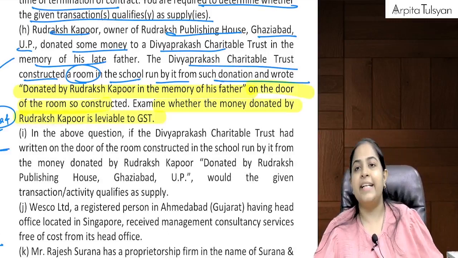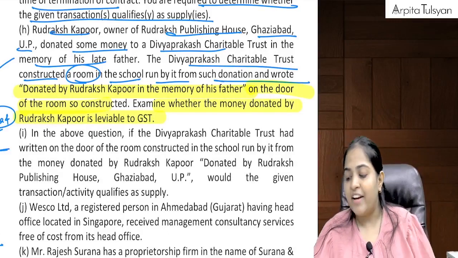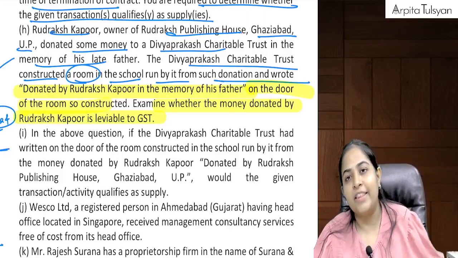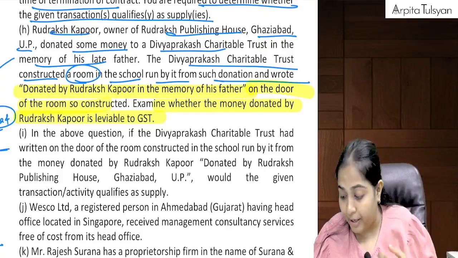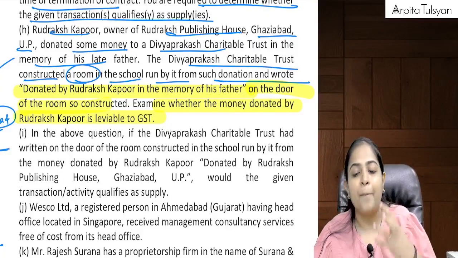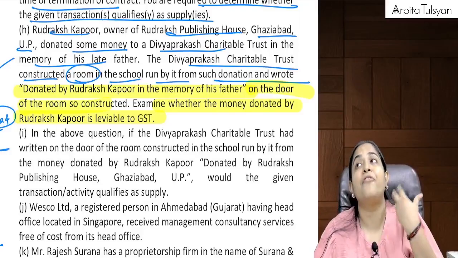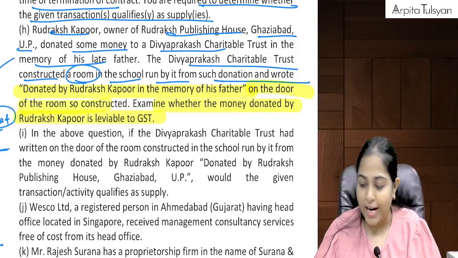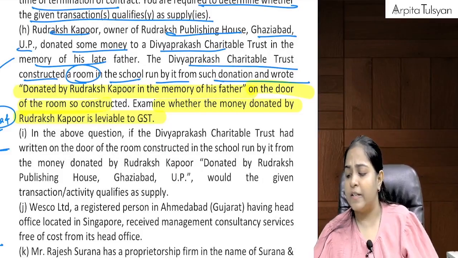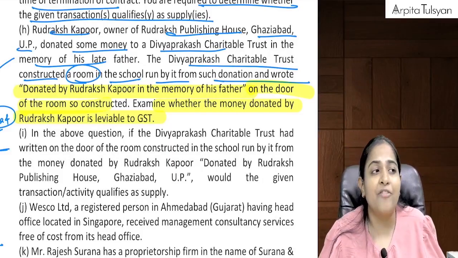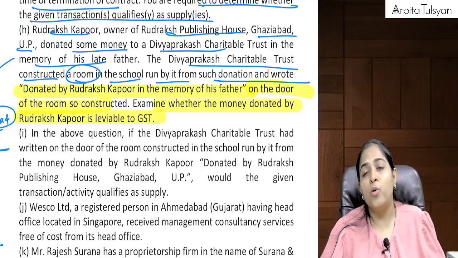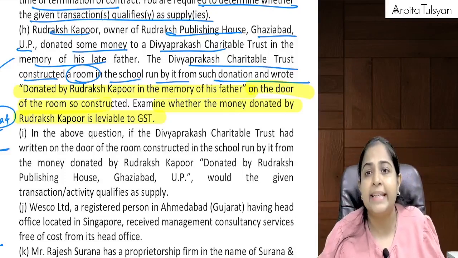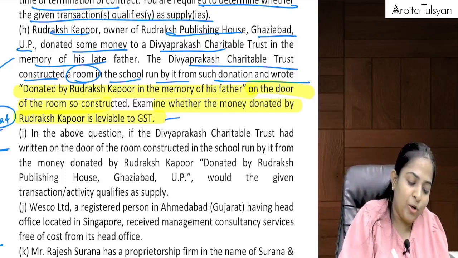We have already studied a circular: when donations are received by a charitable institution, the purpose is philanthropic and the payment is in the form of a gift or donation, it will not attract GST, because there is nothing in return. The donor does nothing in return, and the trust does nothing in return. So this will not be liable to GST.